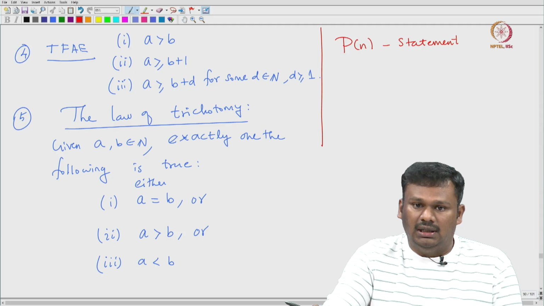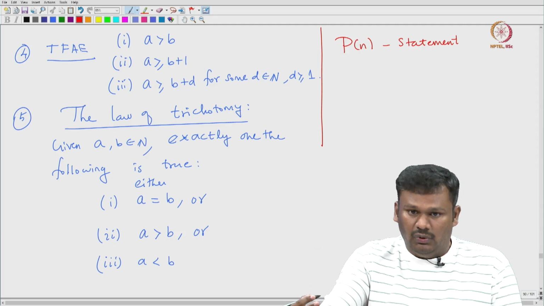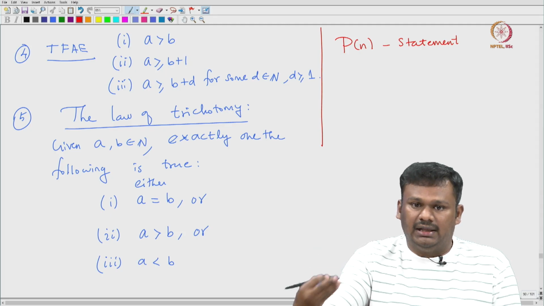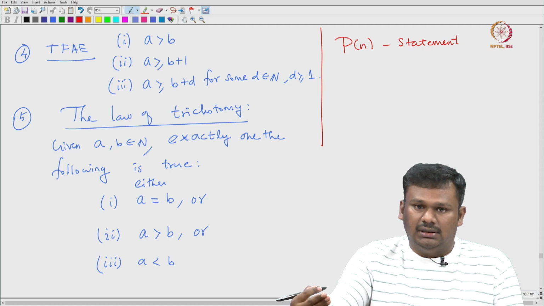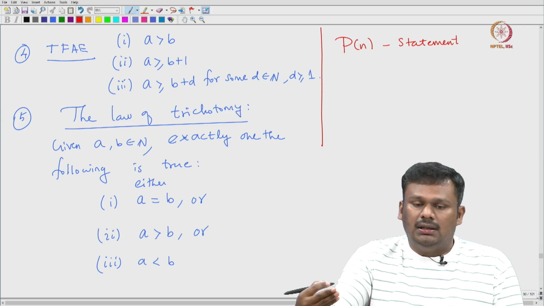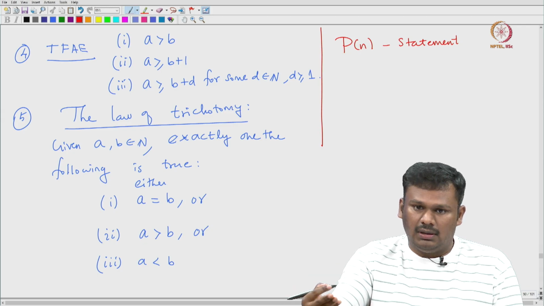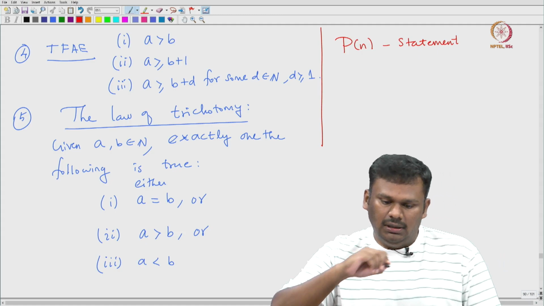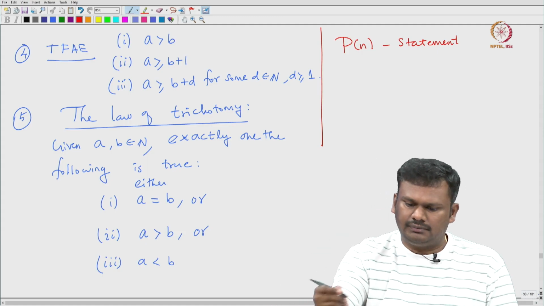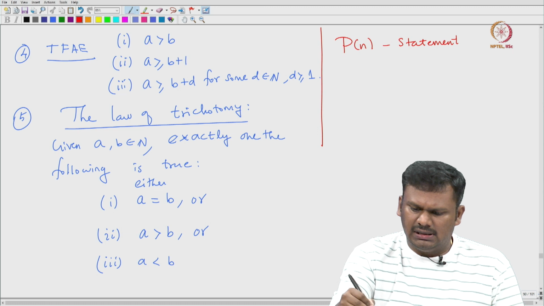It could be, for example, an identity that involves n, or a statement like any integer is a product of prime numbers. Such a statement we write as P of n. So, this is a mathematical statement that depends on n.